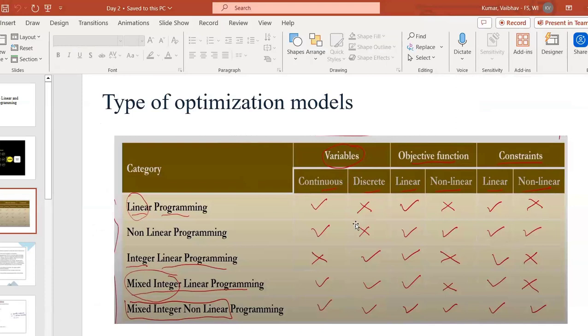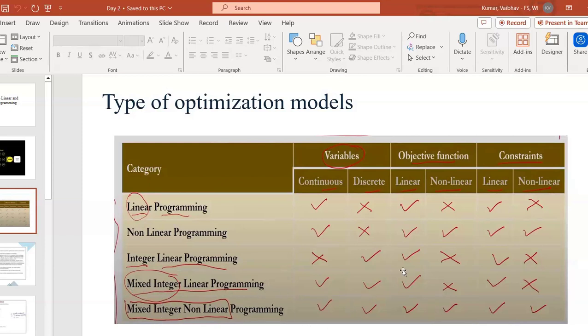In non-linear programming, our variables can be continuous, and objective functions can be linear as well as non-linear, and the constraints can be linear and non-linear. When we introduce discrete variables in our model, it could be mixed integer linear programming or mixed integer non-linear programming.